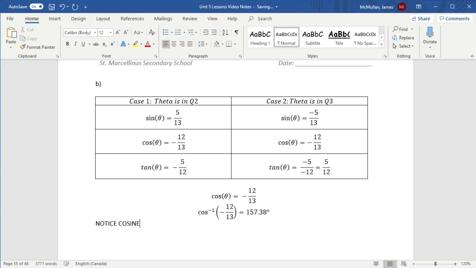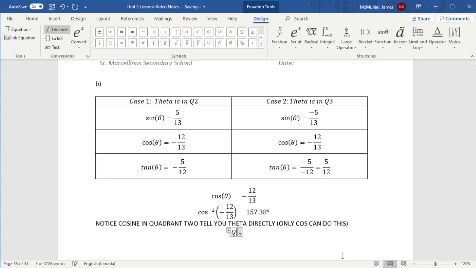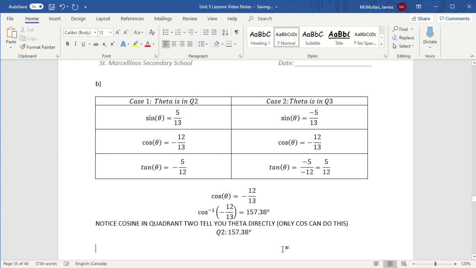Notice, cosine in quadrant 2 tells you theta directly. Cos is the only one that can do this. So actually it gave me the quadrant 2 answer, which is great.